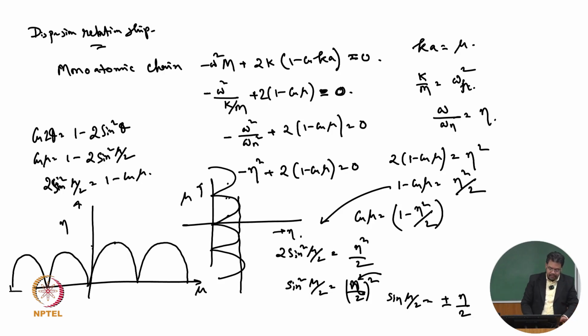Now another important point: this is the diagram, but here it seems like we are varying mu, not varying eta. But our prime objective was to vary eta, not mu. So this is the real solution of mu with respect to the real value of eta.